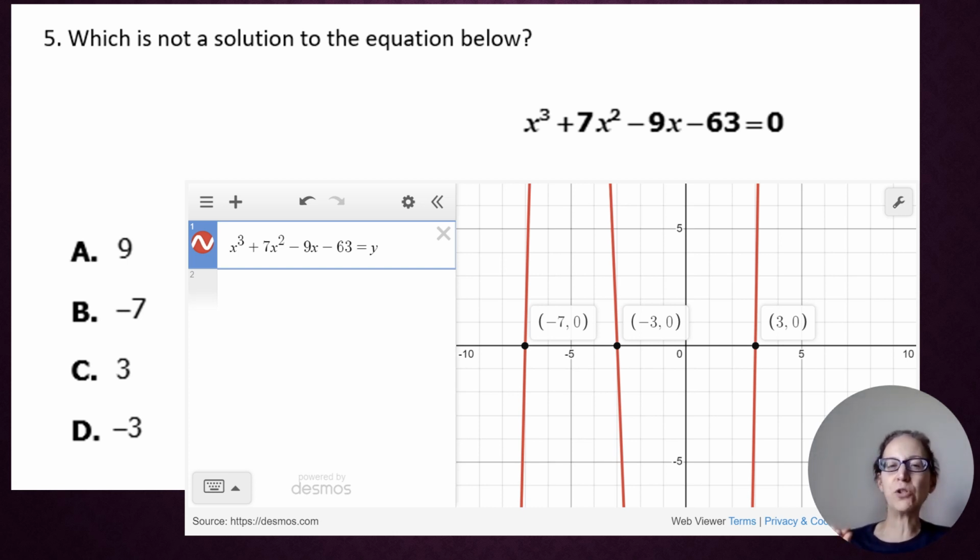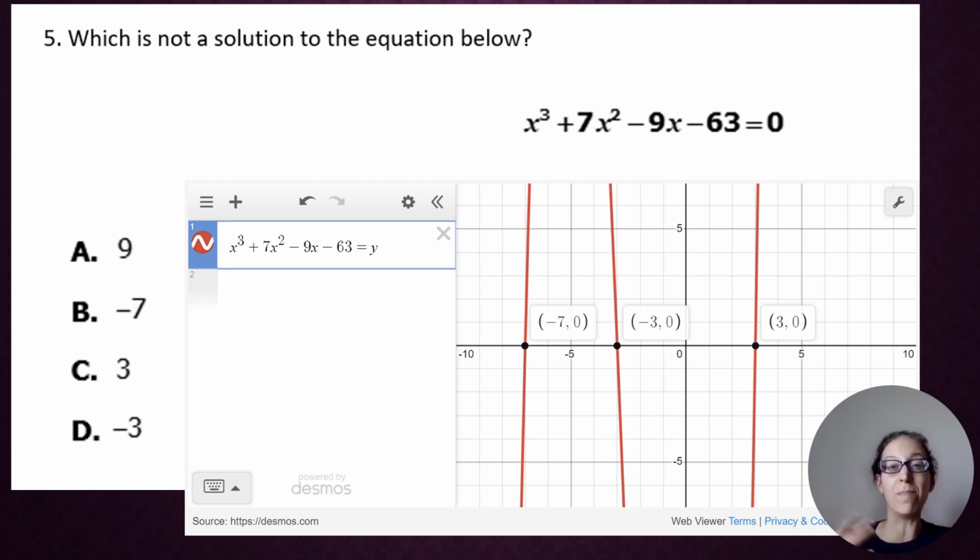But if this were something that had some fractions, if the numbers were yucky decimals or fractions or something, and it wasn't something you can count, here's what you can do. Instead of making it equal to 0, make it equal to y, which turns it into a polynomial, and then you're able to actually click on those points, which again, for something like this that are these nice integers, it's not a big deal.